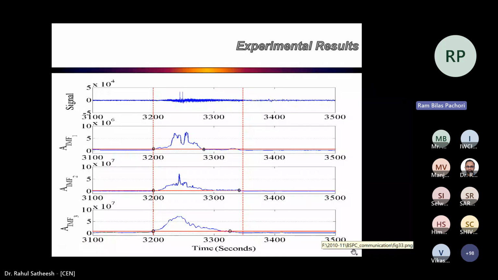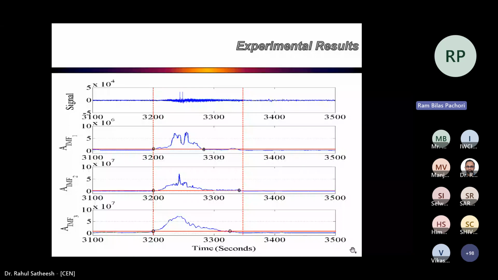This result shows that the points we have detected for the seizure beginning and ending perfectly match the neurologist's opinion. In that way, our proposed framework can be used as an alternative to the neurologist. Even in the absence of a neurologist, you can detect the beginning and ending of the seizure.